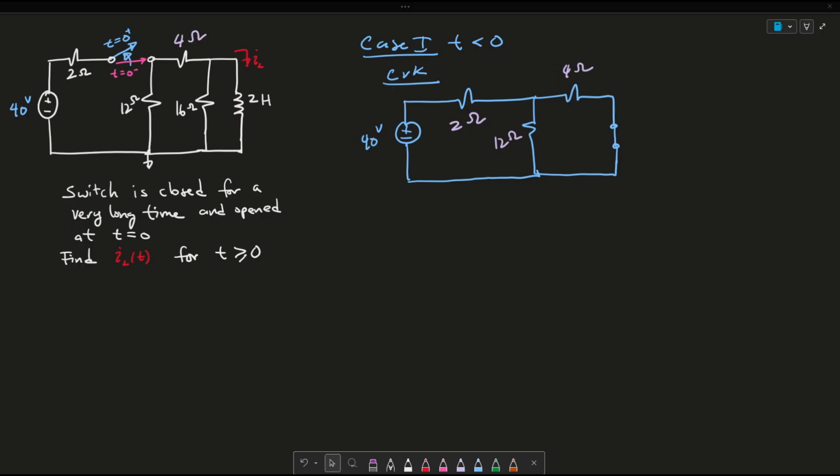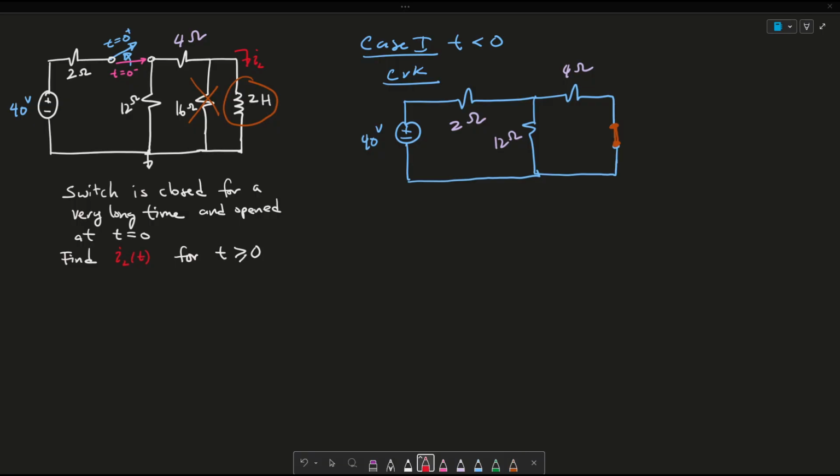The reason is that after a long period of the gate being closed, this inductor acts like a closed circuit, so it gives the path of least resistance for the current to flow through. As a result, no current will flow through my 16 ohm resistor.